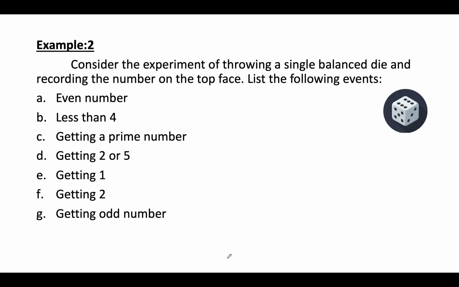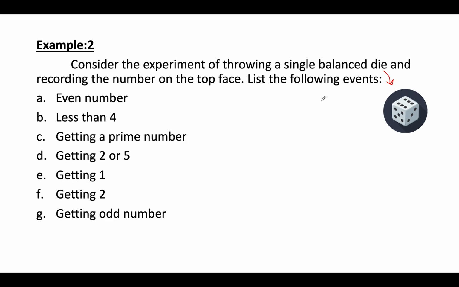Okay, the example here says, consider the experiment of throwing a single balanced die, all right, and recording the number on the top face. Now we need to find those events. What are the events of having an even number?